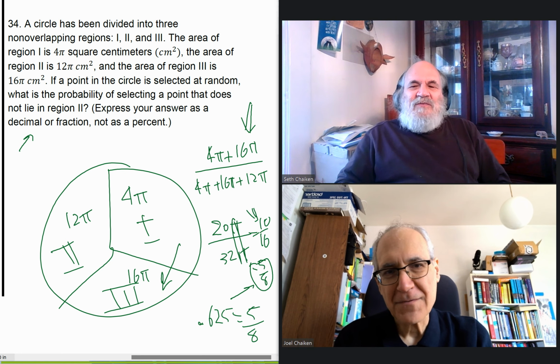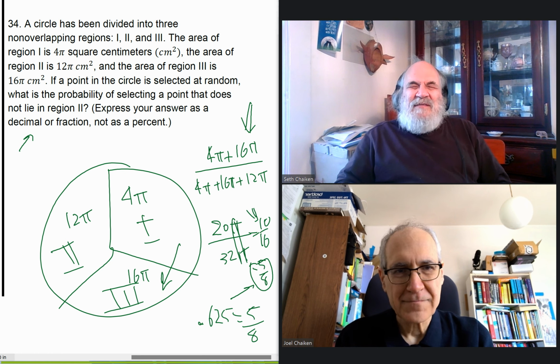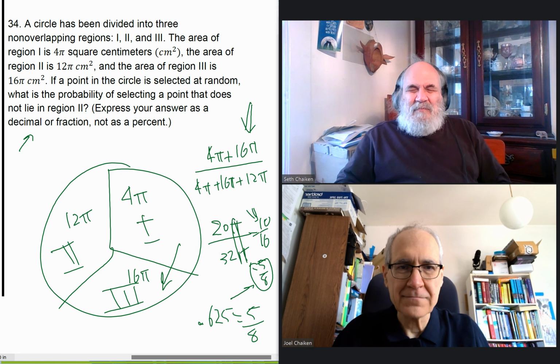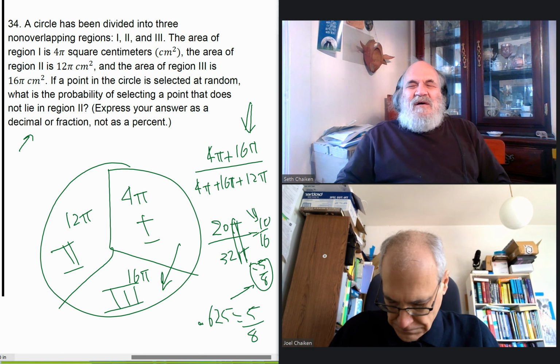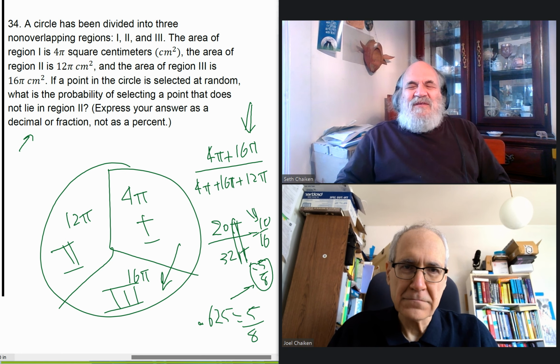The principle of probability applied here is that the probability of picking a point in a region, in this example, is proportional to the area of the region.